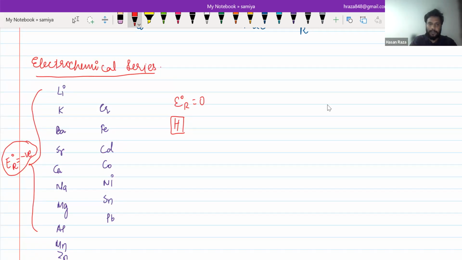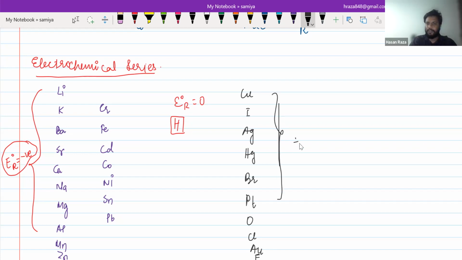Now after hydrogen comes copper, iodine, silver, mercury, bromine, platinum, oxygen, chlorine, gold, and then fluorine. The values of all these are positive. So you can easily predict which element has the most negative value of E naught R. Lithium.